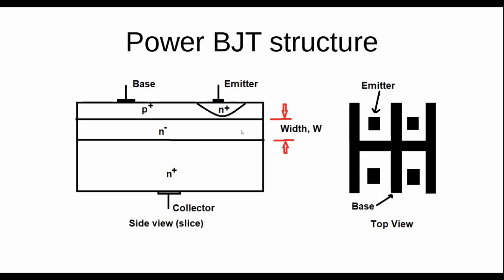It's faster to switch off from quasi-saturation to cutoff than it is from hard saturation, which has more current and more electrons. So in hard saturation, it takes longer to switch off.